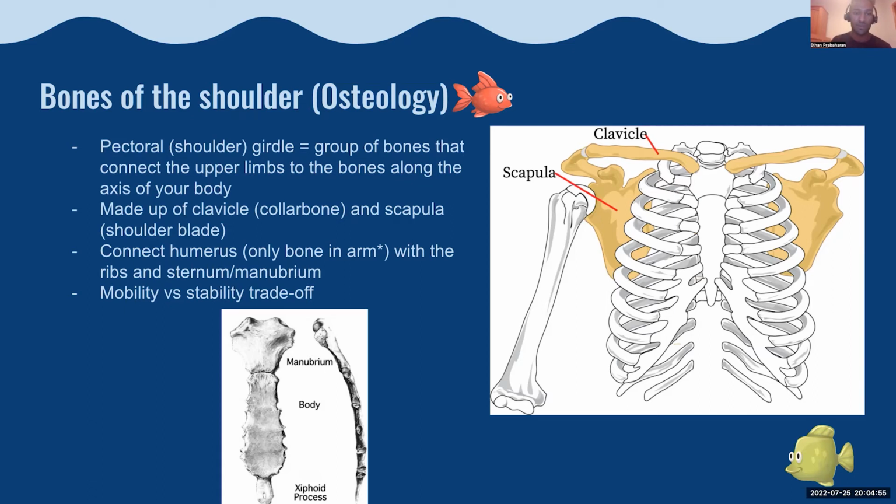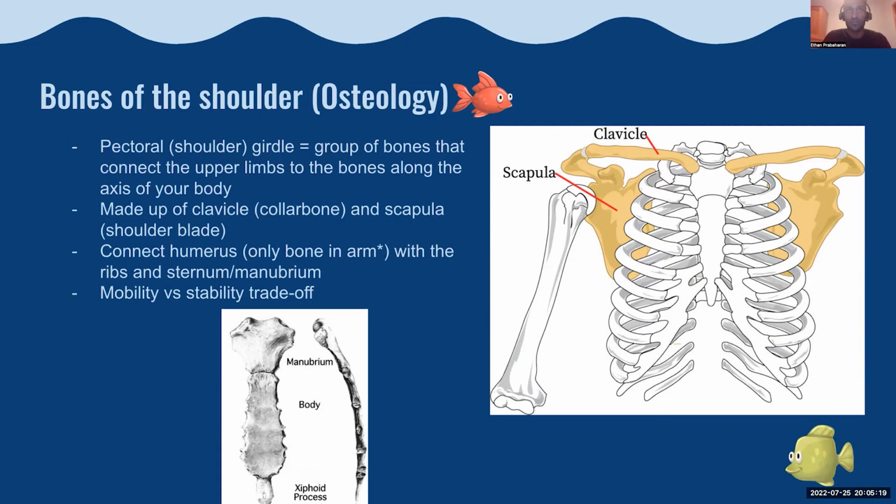Now, one thing that's important to consider in the upper limb generally is we often have a trade-off between mobility and stability. Okay, and what that means is it's useful to have our arms as mobile as possible. Relative to other structures, your arms are incredibly flexible. You can move them in a ton of different directions.